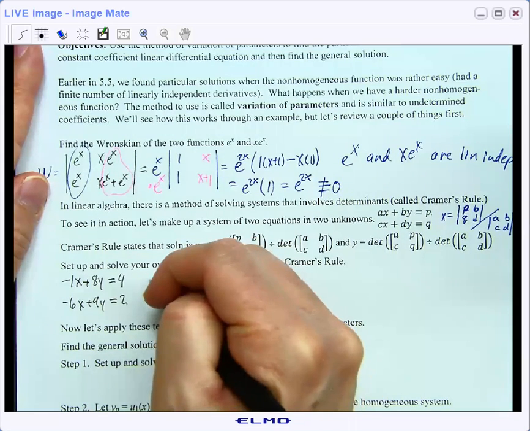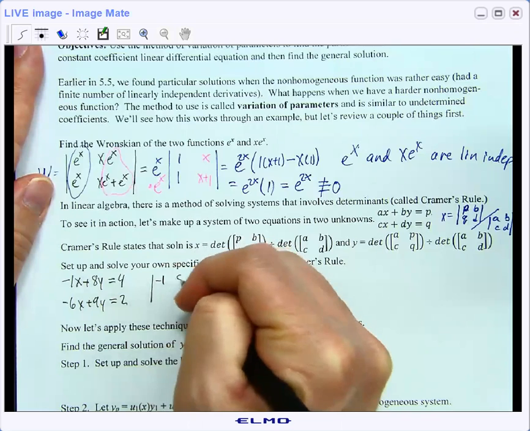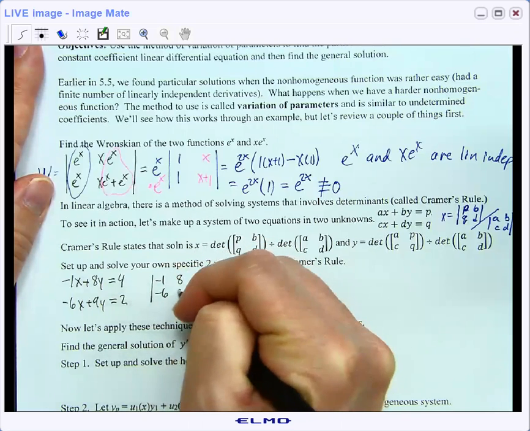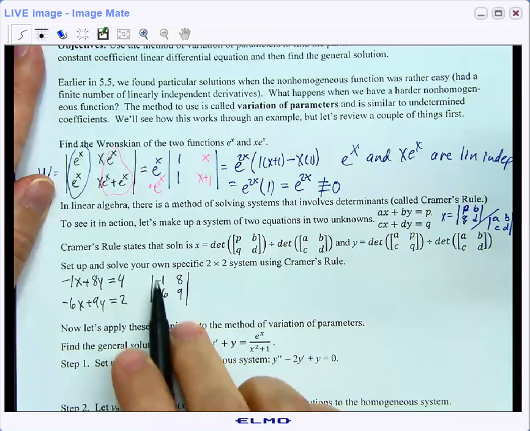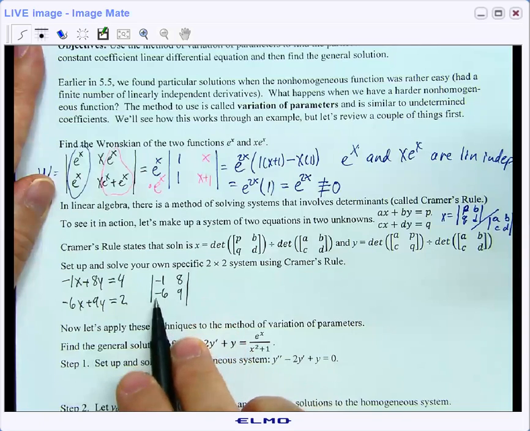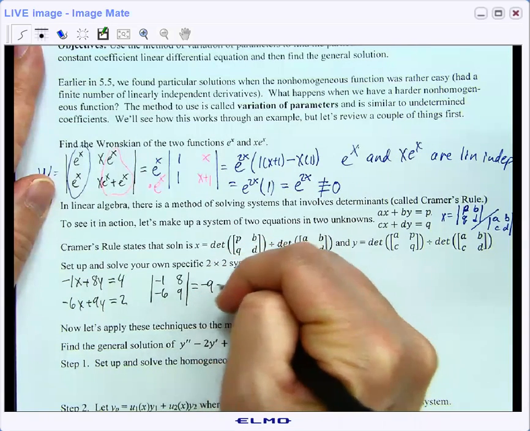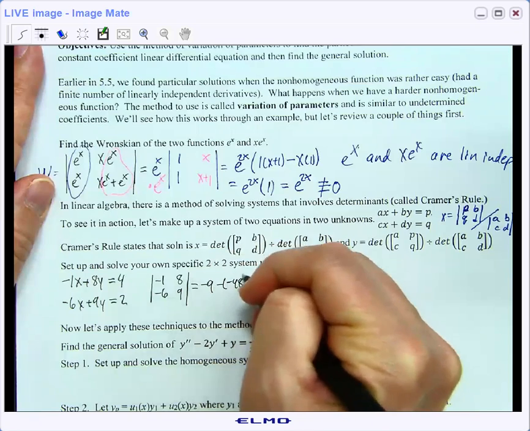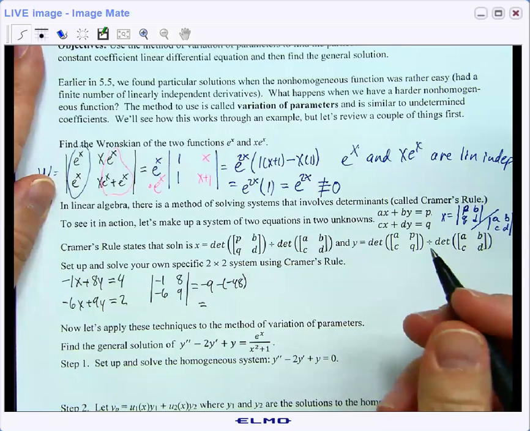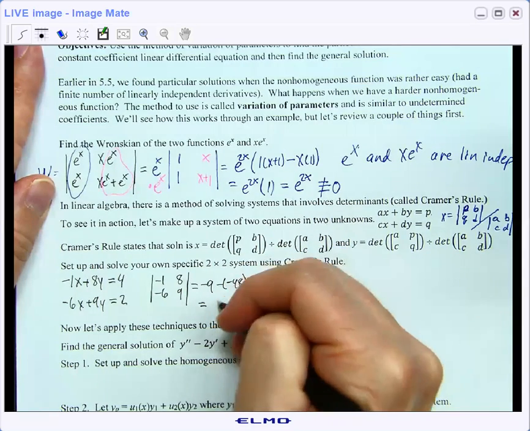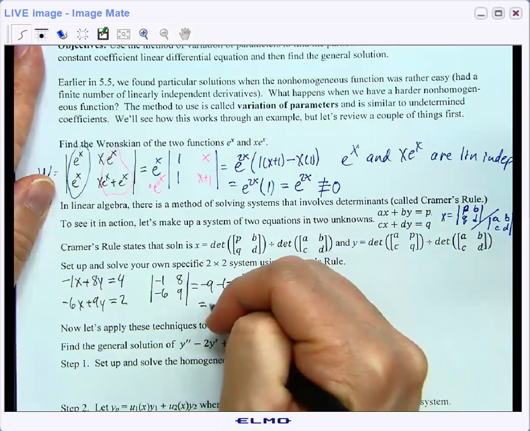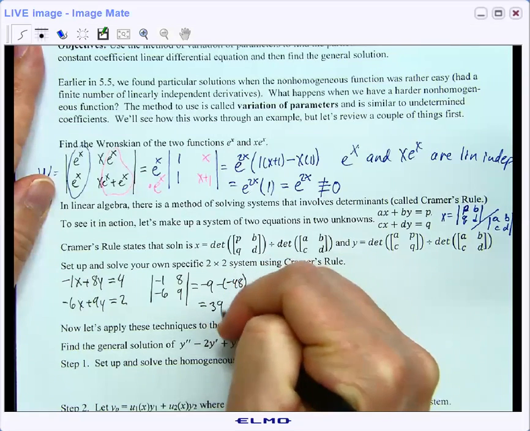So let's go ahead and find some determinants. If we take a look at negative 1, 8, negative 6, and 9, we'll have negative 9 minus a negative 48. So what's that going to be? 39. Okay.